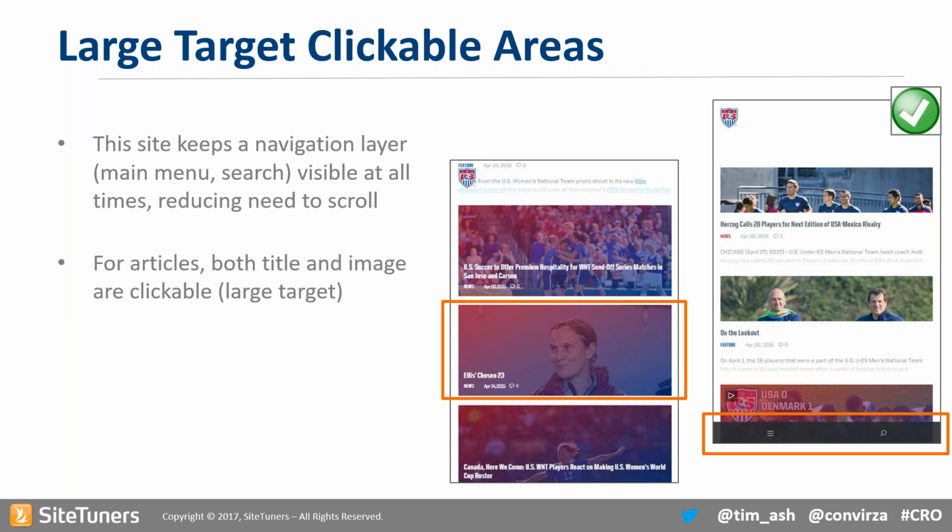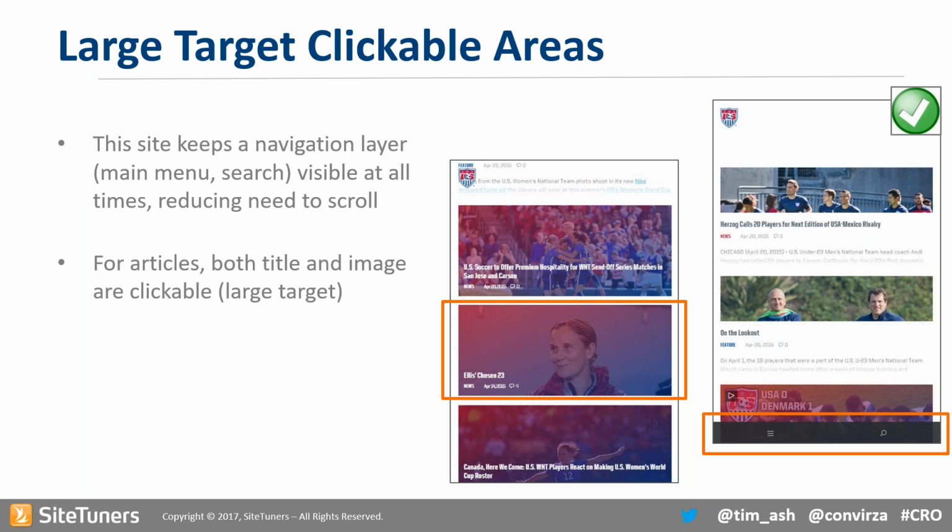And carrying on with the sports theme, USA Soccer here, if you look at their mobile website, they do a great job by making pressable areas really big. So it's okay to have pictures if the picture in this case is the link to the article. So they've kind of combined a pressable area, a background picture, and the article title, and anywhere you press on any of those areas will take you to the relevant article.